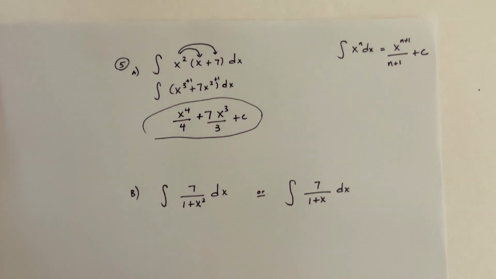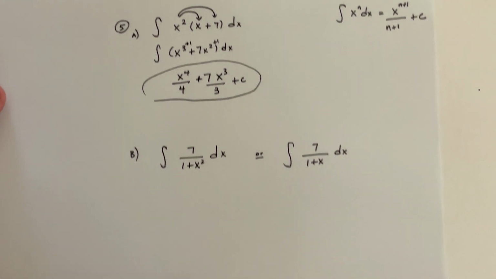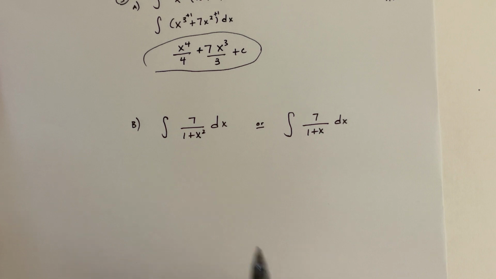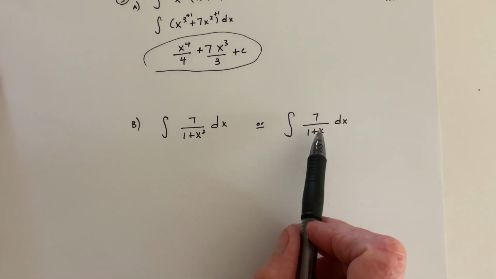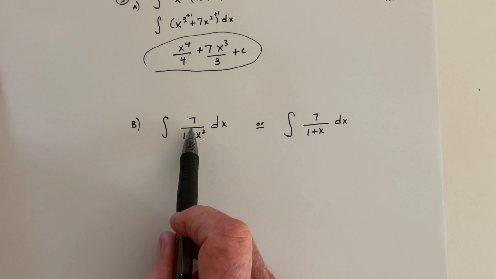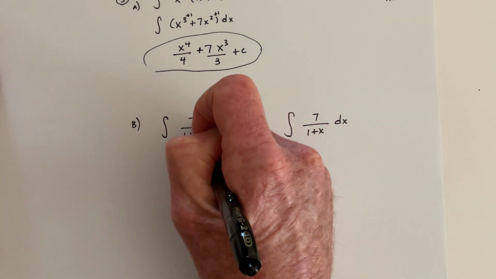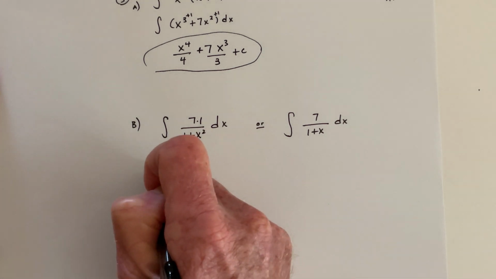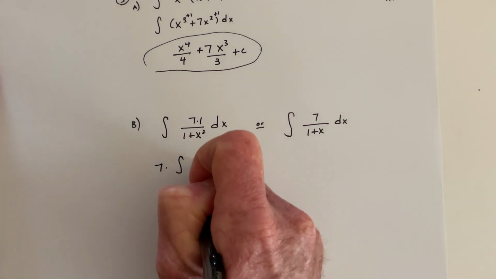Now, the other way that we can find antiderivatives at this point of the semester is basically you know derivatives so well, you could just look at it and see what the answer is. And that's how these two are. Another thing you can do with antiderivatives is if there's a constant that's being multiplied, like this is really 7 times 1, then you can factor out that 7.